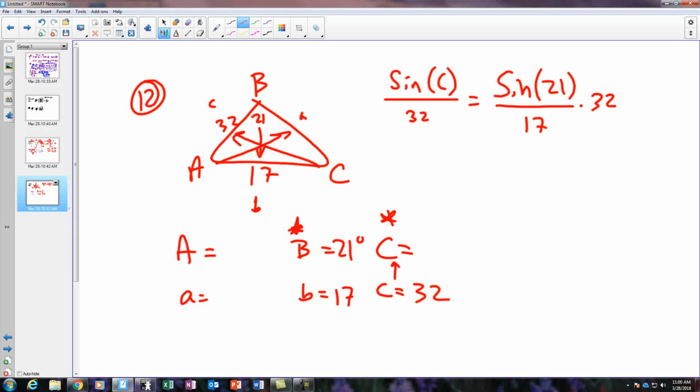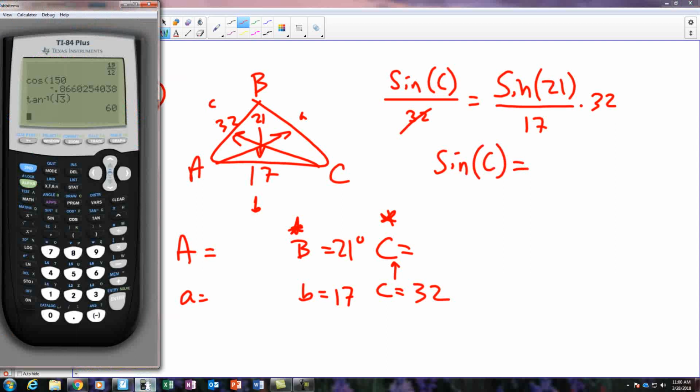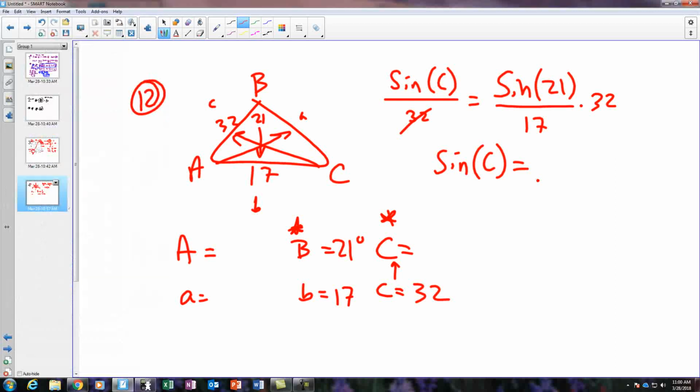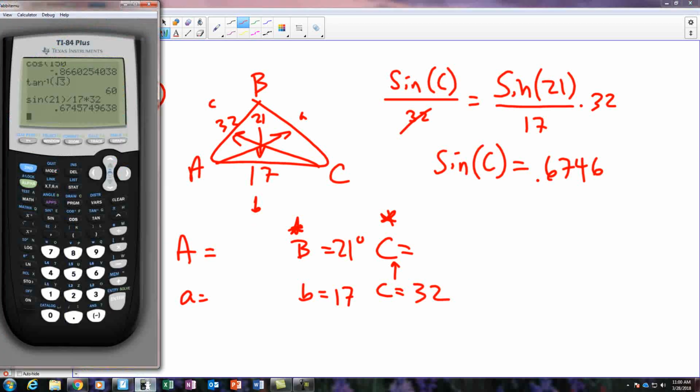But what we're going to do is we're going to times by the 32. We have the sine of big C equals, and all this is going to go in my calculator. So again, my calculator is still in degree mode, so I'm good. Sine of 21, close the parentheses, divided by 17 times 32 equals 0.6745, I guess it'd be 46 if I round that correctly.